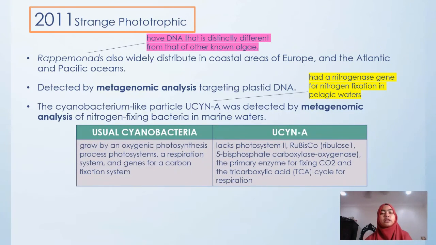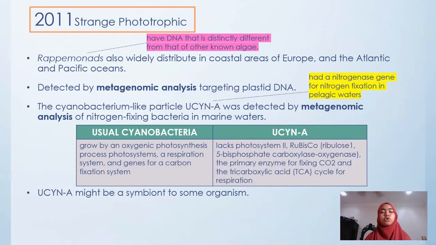Usual cyanobacteria grow by oxygenic photosynthesis, with photosystems, a respiration system, and genes for carbon fixation, which means they produce oxygen. But UCYN-A lacks photosystem II, which would produce ATP and release oxygen. It also lacks rubisco, the primary enzyme for fixing carbon dioxide, and the TCA, tricarboxylic acid cycle for respiration.